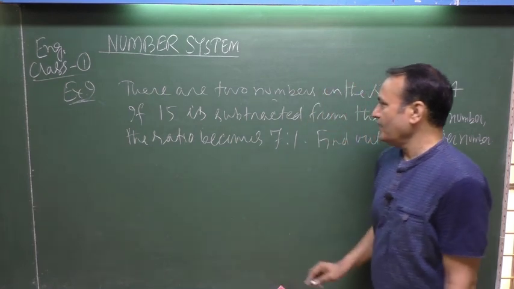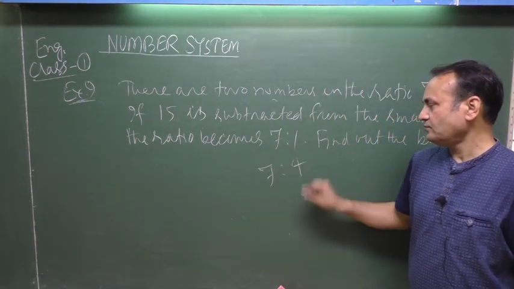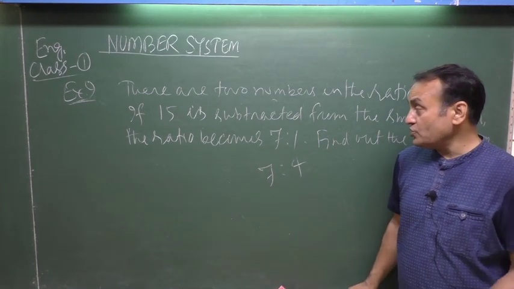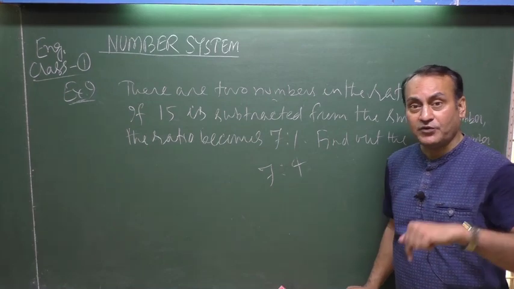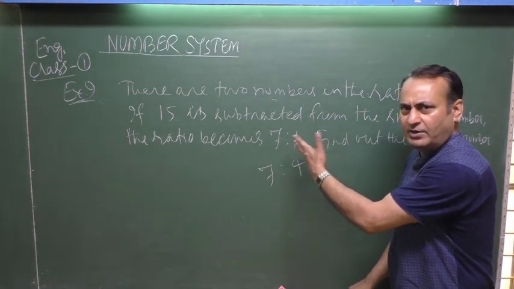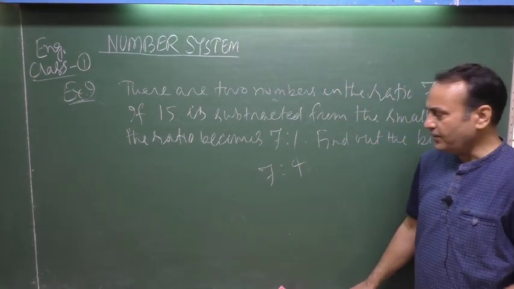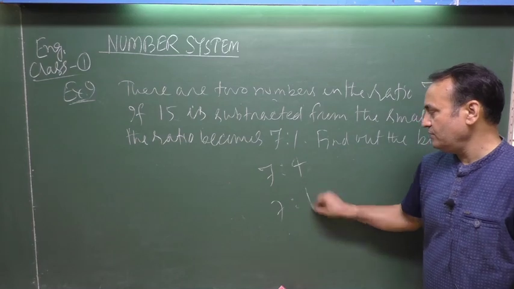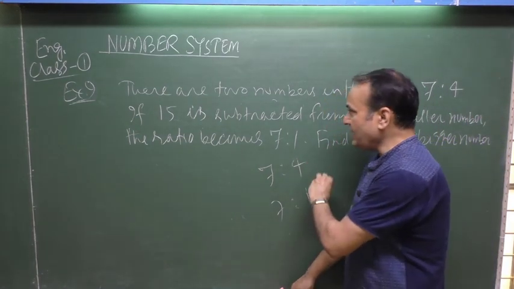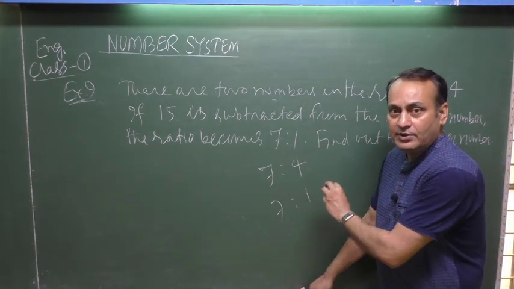See here, there are 2 numbers in the ratio 7:4. That means this is your bigger number, this is your smaller number. The question says 15 is subtracted from the smaller number. That means whatever the original of this number is, you have to subtract 15 from there. Okay? The ratio becomes 7:1. That means since you subtracted 15 from the smaller number, 4 units became 1.